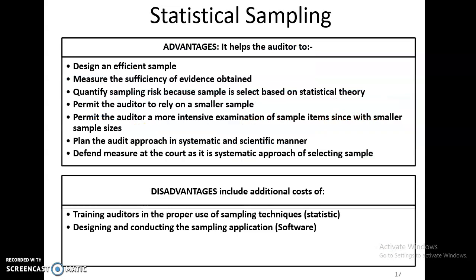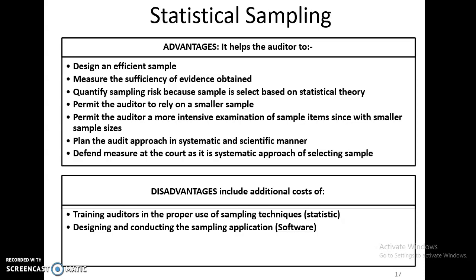Advantages of statistical sampling: we can design an efficient sample, we can measure the sufficiency of evidence obtained, it permits the auditor to have intensive examination of sample items, we can plan the audit approach in a systematic and scientific manner, and most of the time, statistical sampling will be performed with the assistance of CAAT, computer-assisted audit techniques. That means we use certain applications to assist us.